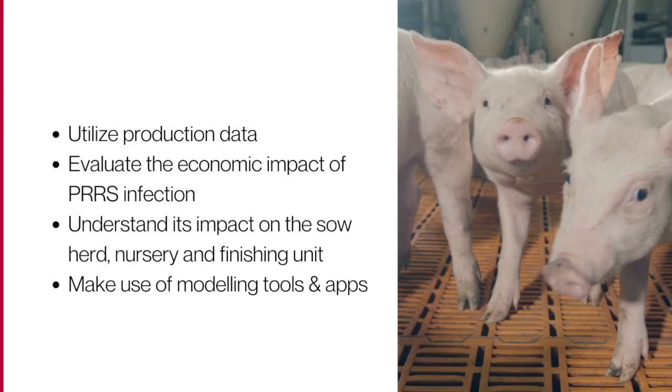So when producers want to take this informed decision about whether to control or eliminate PRRS virus from their farm, first and foremost, they need their own production data, which most often is available, but they also need all the economic data to really truly evaluate the economic situation on the farm.